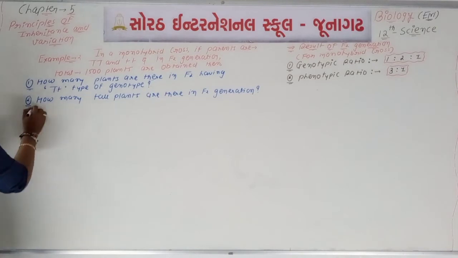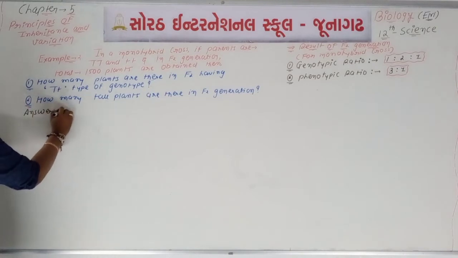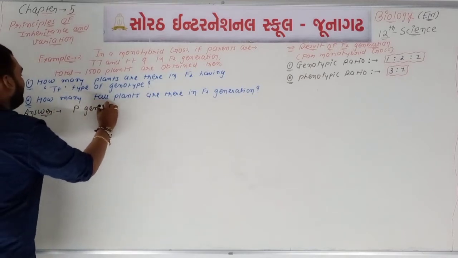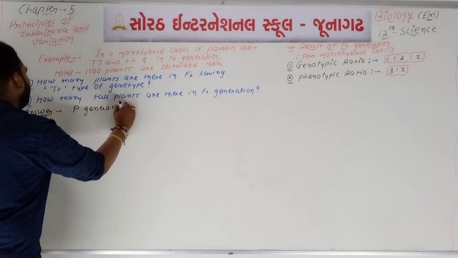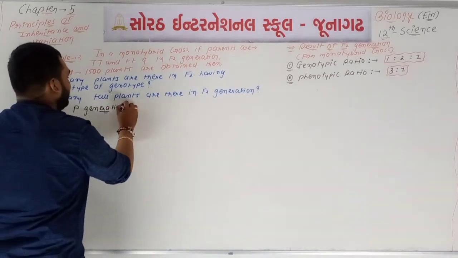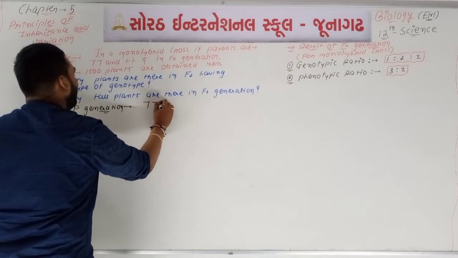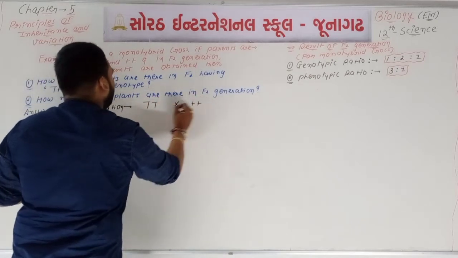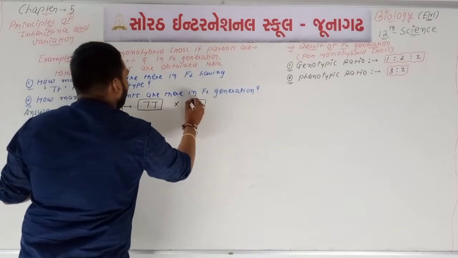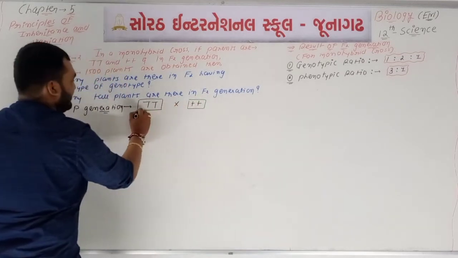If we write the answer of this example, first we write that as parents, in the P generation, we have two different types of parent, capital T cross small t. Capital T is one type of genotype, and small t is one type of genotype.